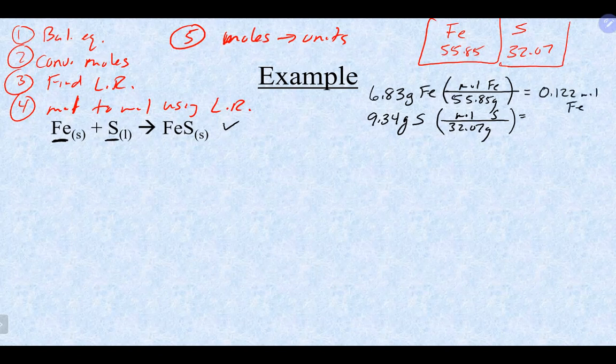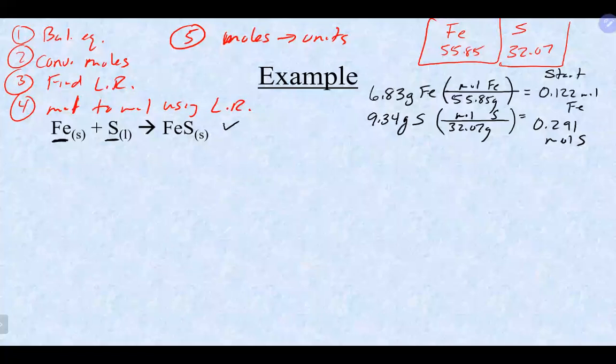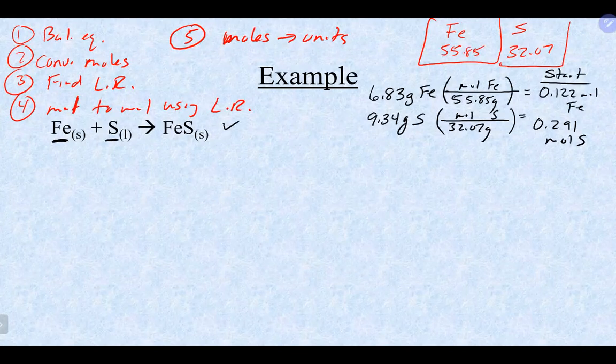And for our sulfur, we're going to divide by 32.07, which gives us 0.291 moles of sulfur. So once again, you could think of these as your starting amount of each of these. These are the ones you're going to compare to, to see if you have enough.